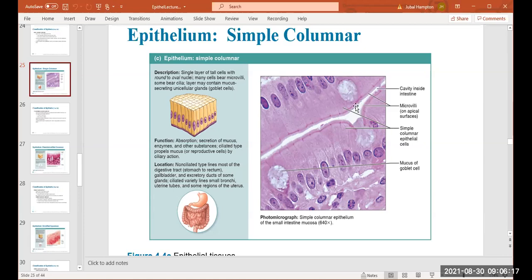Goblet cells do not have cilia because it's constantly releasing mucus. And so there's no point in having specialized features or adaptations on the apical surface because it's being replaced constantly. So each cell at its apical portion will not have that.